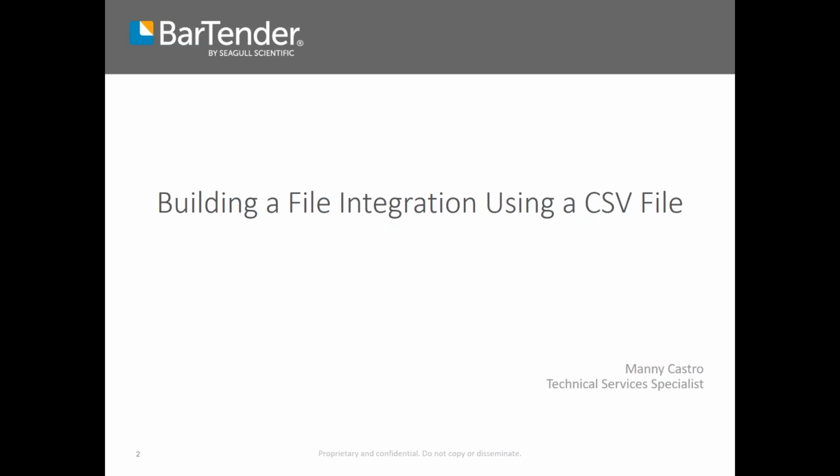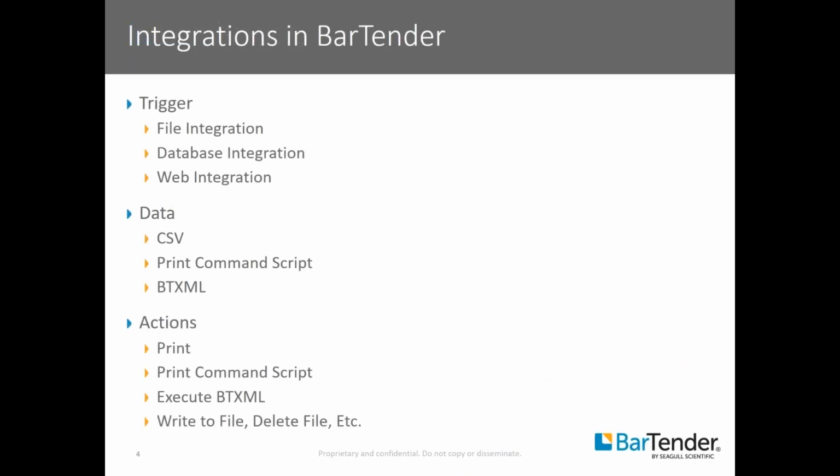Before we begin discussing the specific integration we'll be building today, let's quickly cover three of the main components that make up your integration. At this point, your label is designed and you're ready to integrate with your system or other software. The three things to take into account are the trigger, the data, and the actions that will be executed.